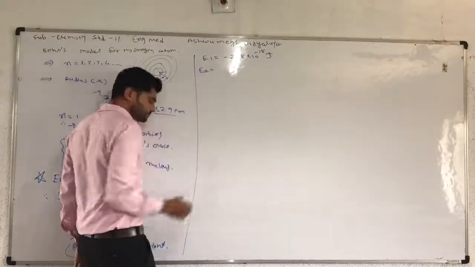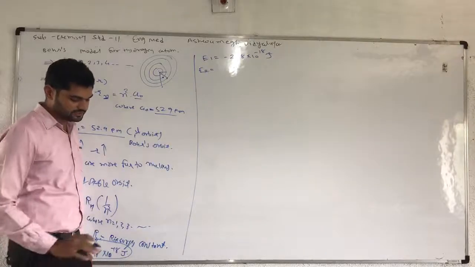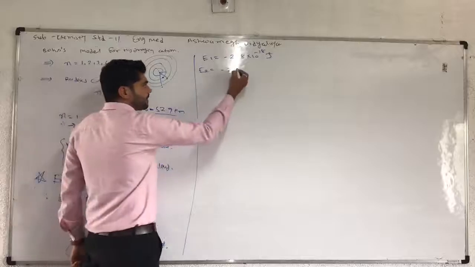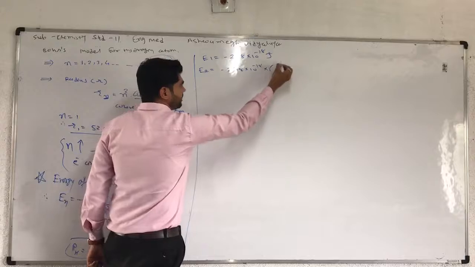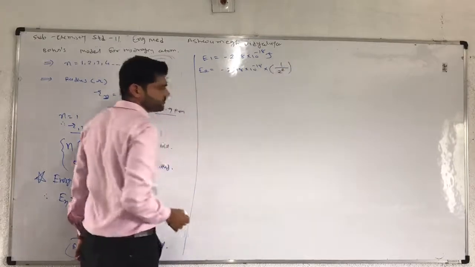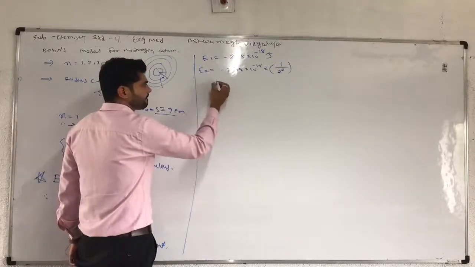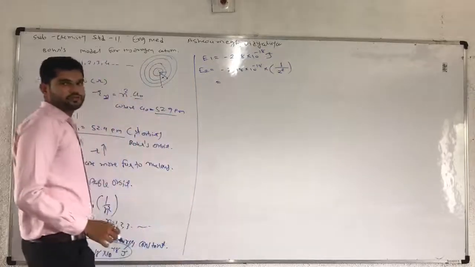For the second quantum number, the energy is minus 2.18 into 10 raised to minus 18 multiplied by 1 divided by n square. For n equal to 2, it means 1 divided by 2 square. Here Z represents atomic number, so Z equal to 1 for hydrogen.